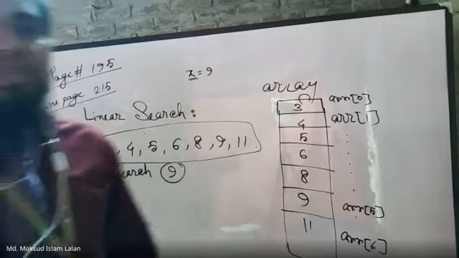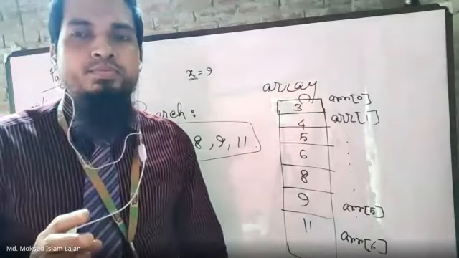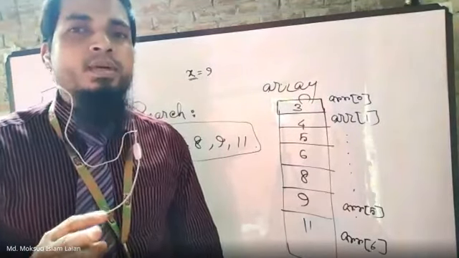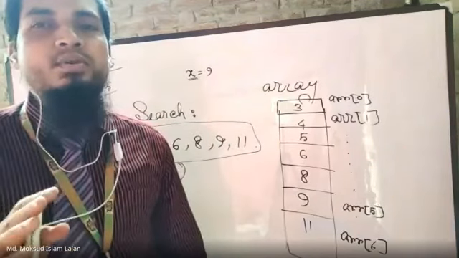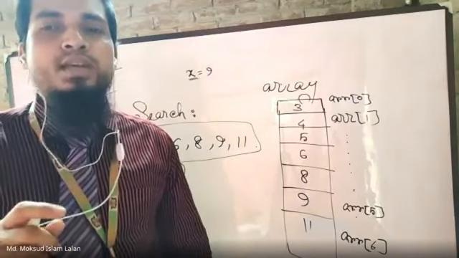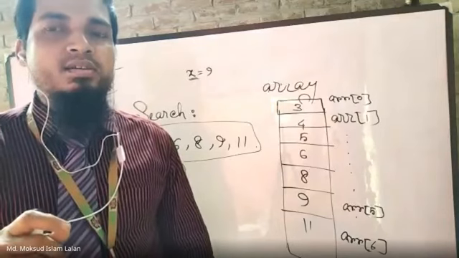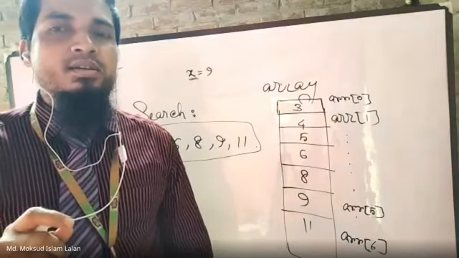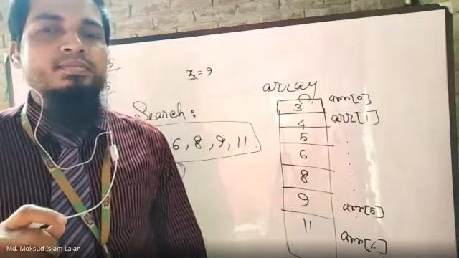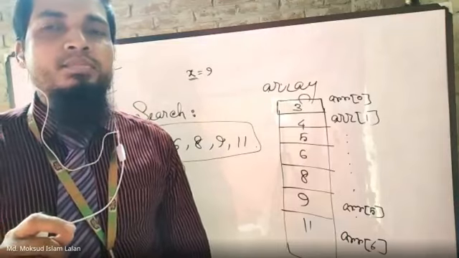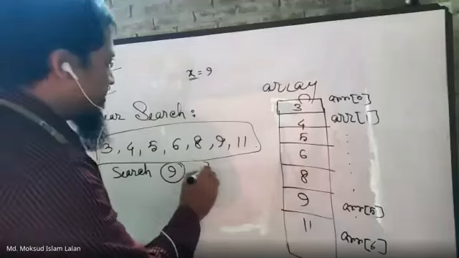So now my question is, Sakibul Habib: if the match is not found, what should you display? What will be the location? Suppose we want to search 7.